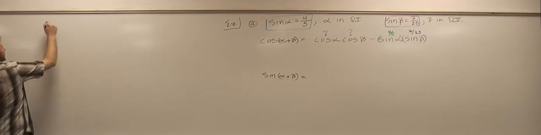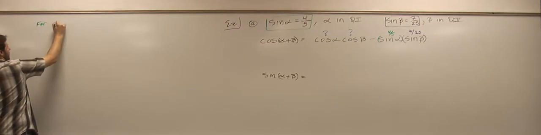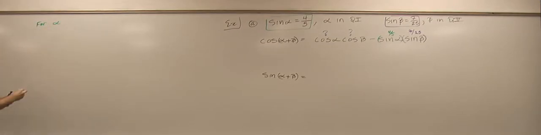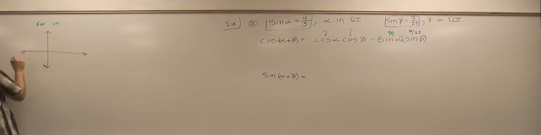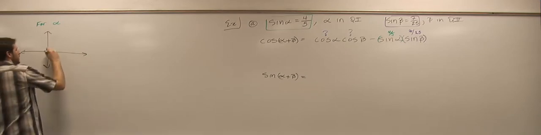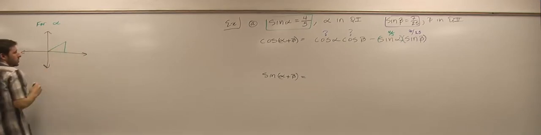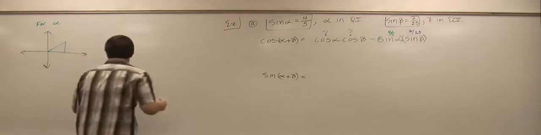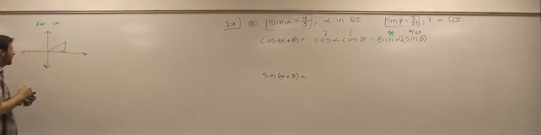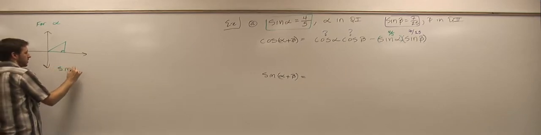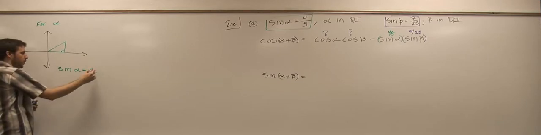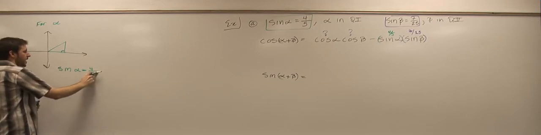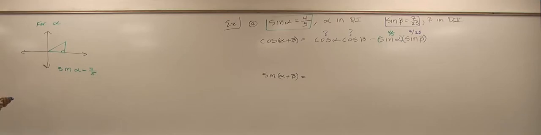Let's see. For alpha, I know alpha is in quadrant 1, so I can draw a triangle in quadrant 1. And how would I label this triangle? Sine alpha is 4/5, and I know sine is opposite over hypotenuse.